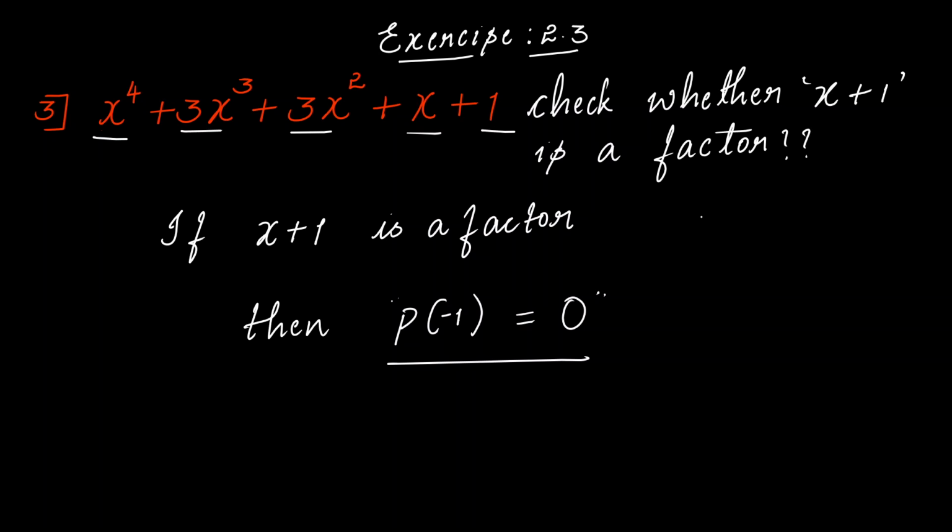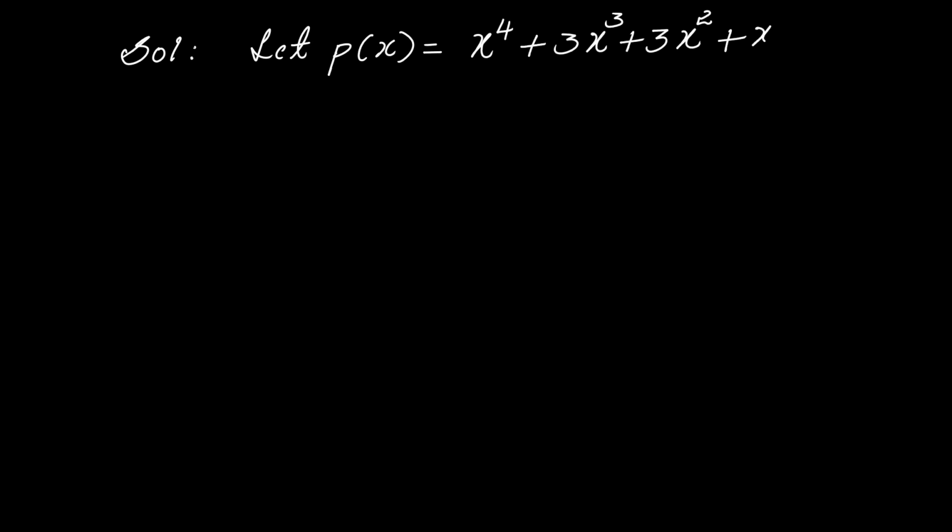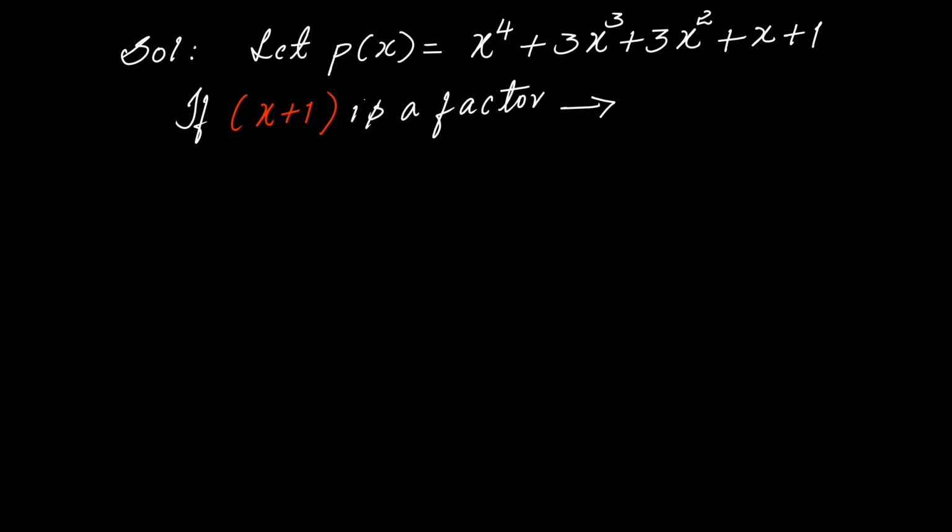Once you get the question, you have to start the answer with: let p of x is equal to x to the power 4 plus 3x cube plus 3x square plus x plus 1. If x plus 1 is a factor, then p of minus 1 is equal to 0.